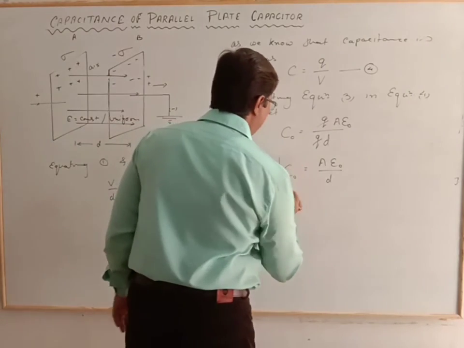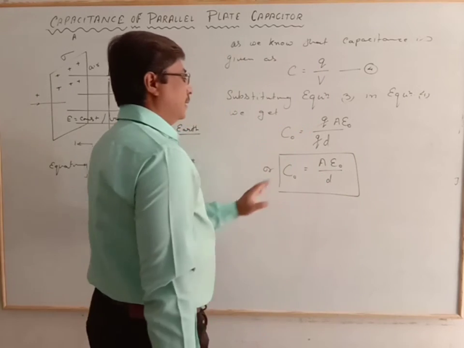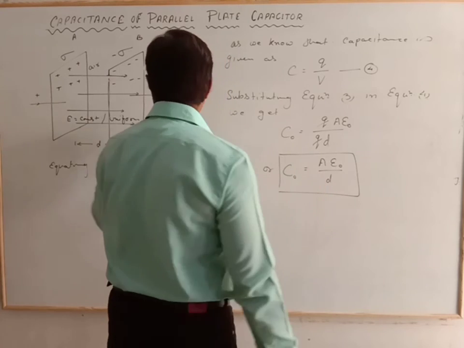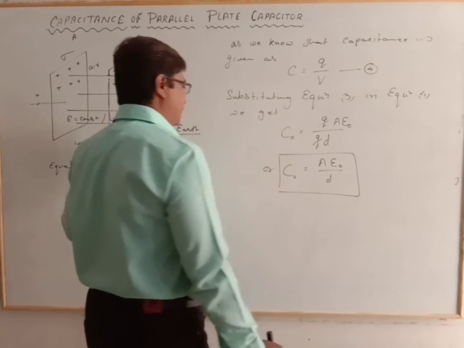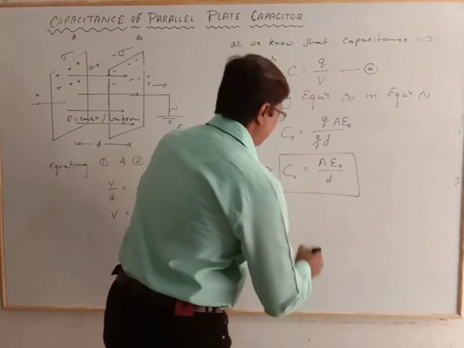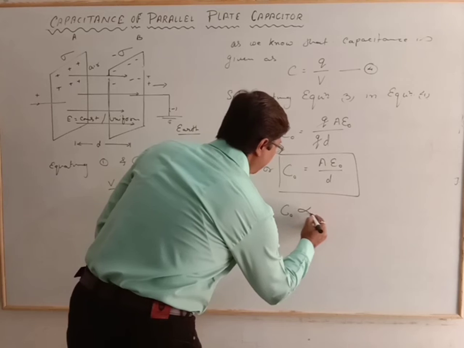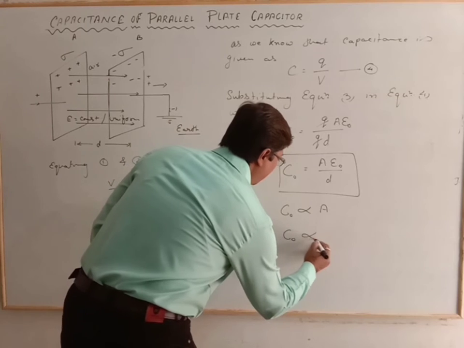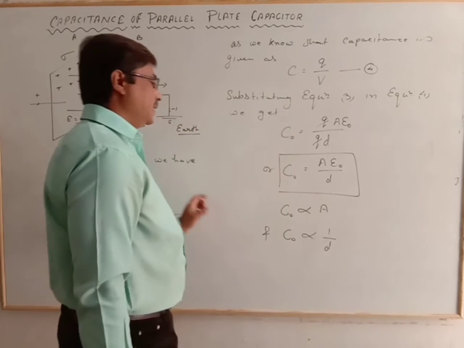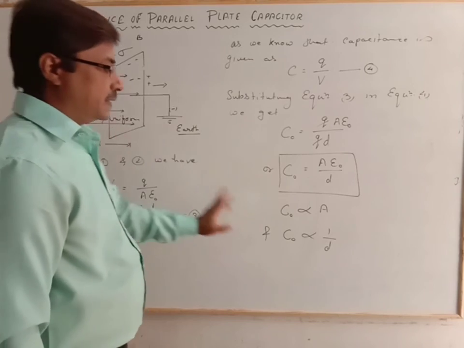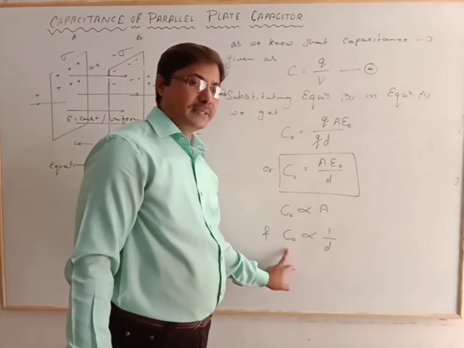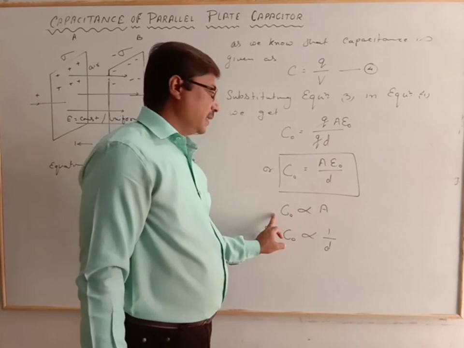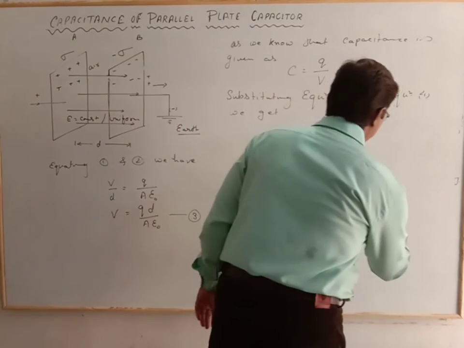The capacitance depends upon the area of the plate and is inversely proportional to the distance between the plates. That is, capacitance C naught is directly proportional to A and inversely proportional to D. If the distance between the plates increases, the capacitance decreases, and if the area of the plate increases, the capacitance also increases. This is relation number 5.